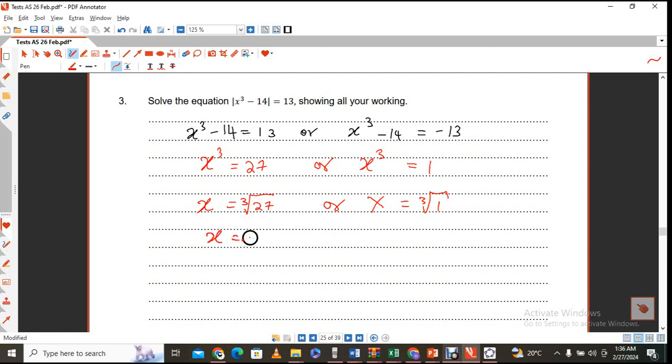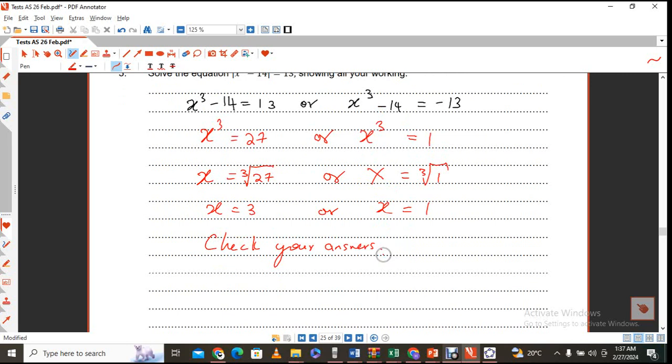So x is therefore equal to 3, or x is equal to 1, because the cube root of 1 is just 1. All right, so don't forget also to check your answers and make sure that they both check out, put them back in the absolute value sign, and of course you'll realize that it's going to work.